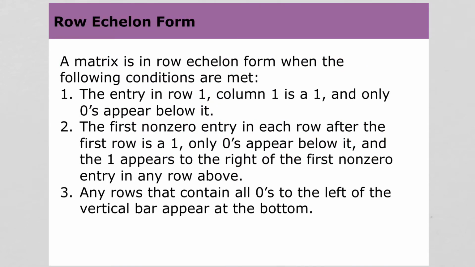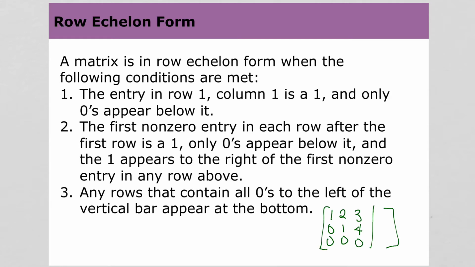Row echelon form is when we get a matrix so that all the numbers below 1 are 0.